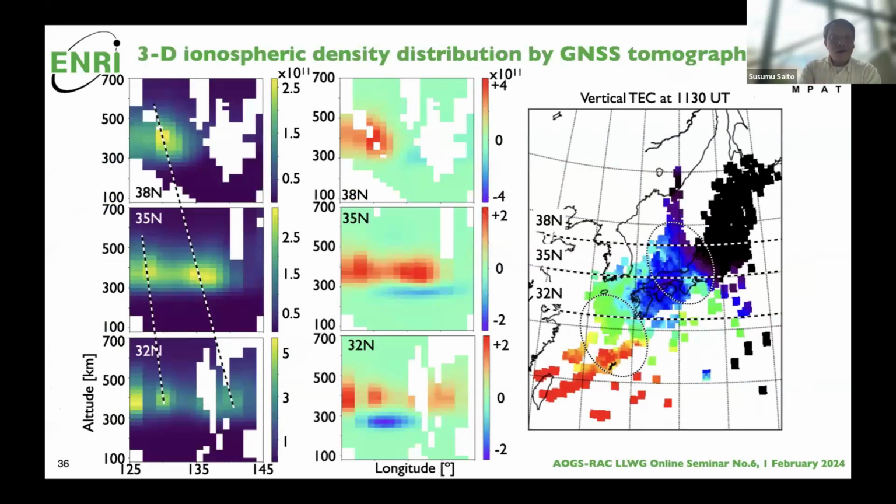Now, this is a longitudinal cut, and we can also see the westward structure was inclined from the southeast to northeast, and again the region of the electron density enhancement was associated with the elevated ionosphere.